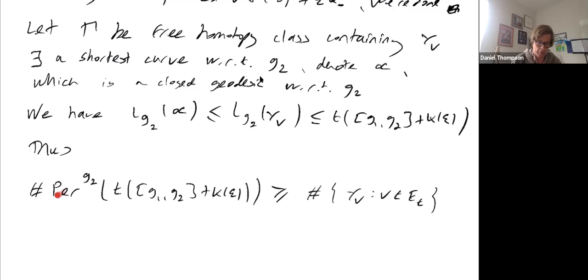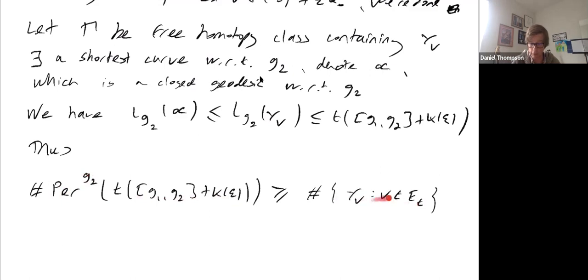This is the thing, right? We're looking at growth rates of periodic orbits up to some length, but the length depends on the metric. So we built all these gamma V things, but we had to know how long they were from this point of view. But everything we built has length up to here with respect to this.